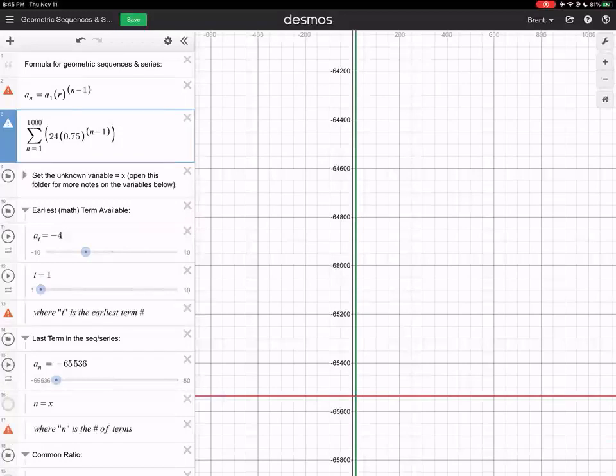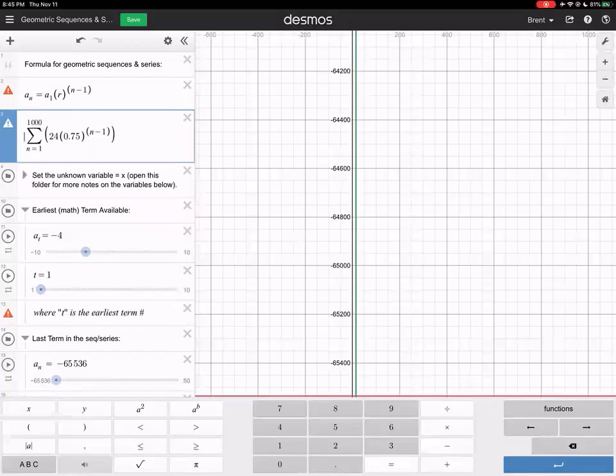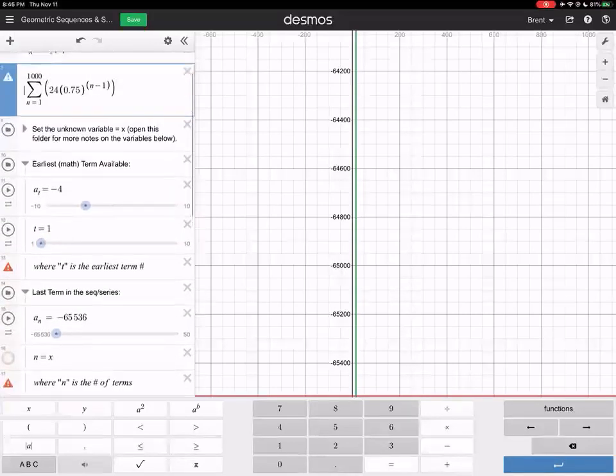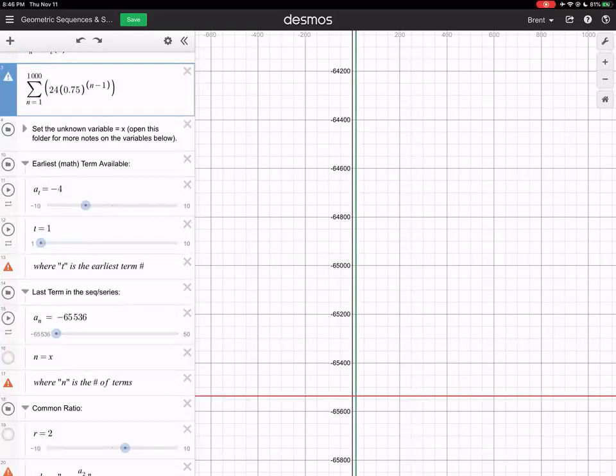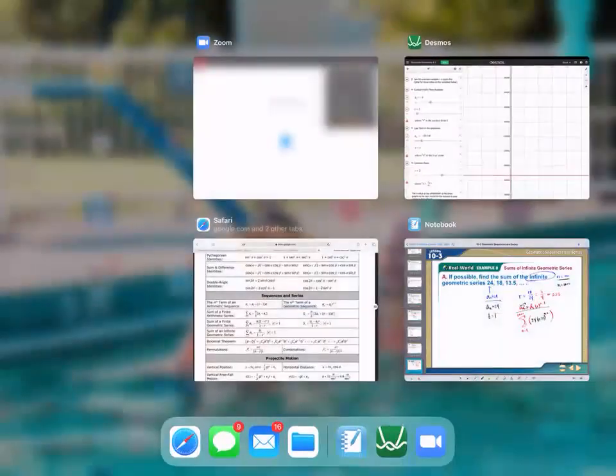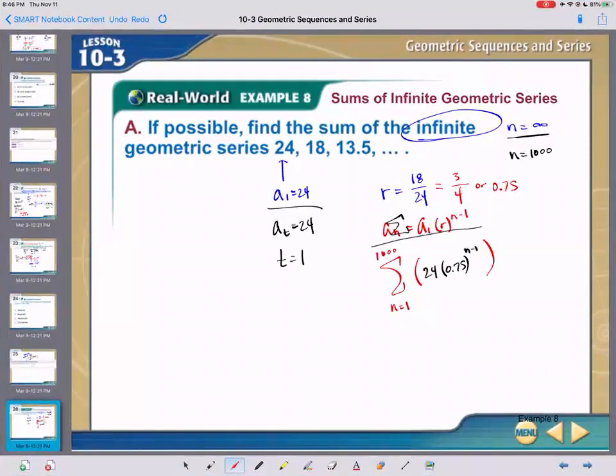And it's saying there's an error here. You can't use N as an index. Oh, it's talking about this problem. I have an N there. So let me delete that for a second. The answer is 96. So that's what I got first. So we're getting this is equal to 96.